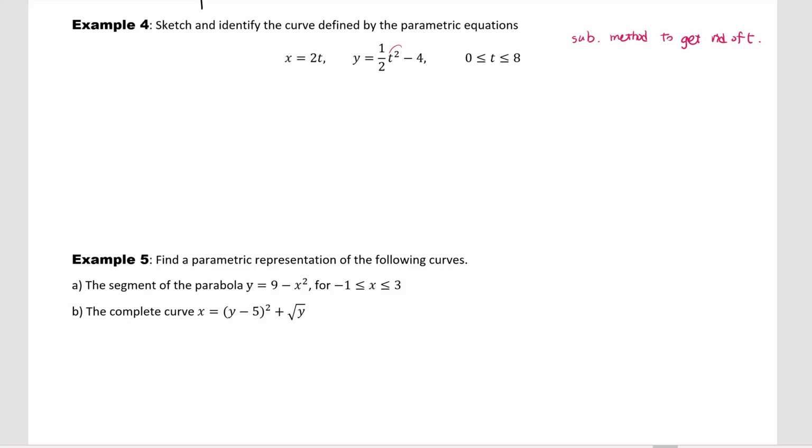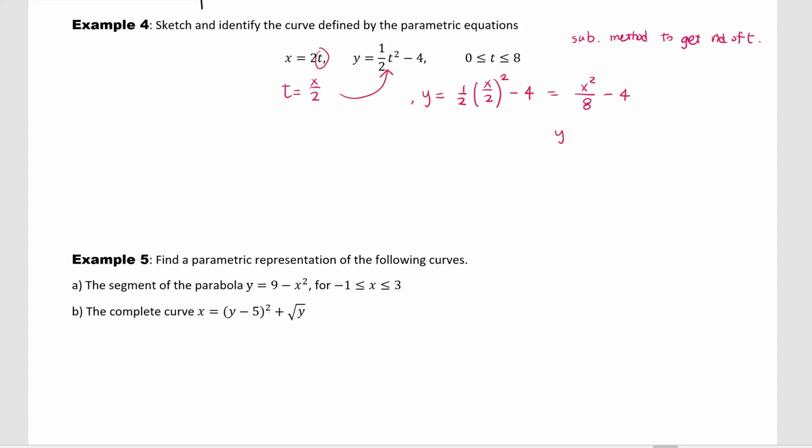Here you see t squared. When you solve for t there, it involves a square root, so that's hard. But here we have t, so let's solve for t here. t is x over 2, then plug into the second equation. So y equals 1/2 times (x over 2) squared minus 4. That is x squared over 4 times 2, which is 8.